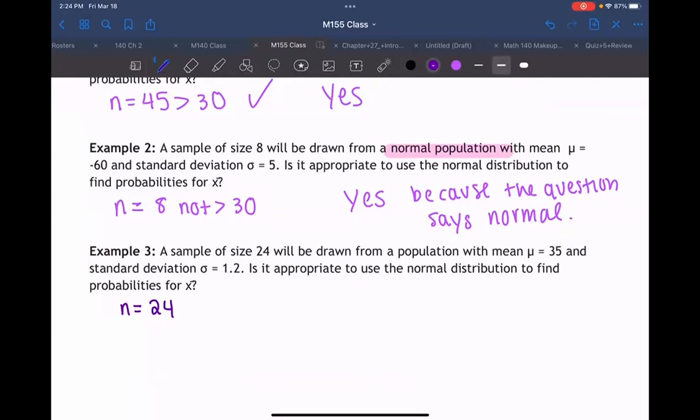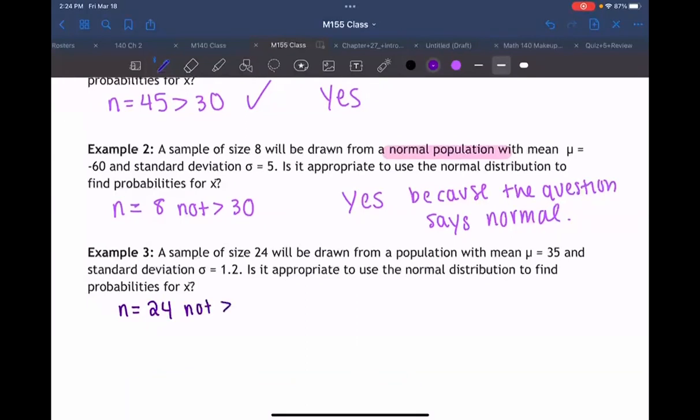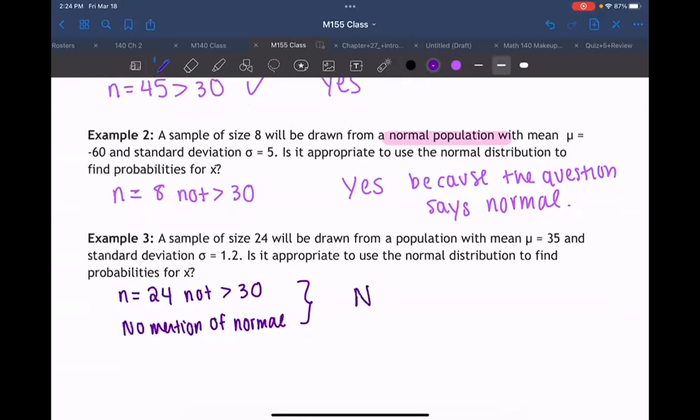Well, 24 is definitely not bigger than 30, right? Is there any mention of a normal distribution here? No, no mention of normal. So since we have both of these things, not bigger than 30 and no mention of normal, can we use the central limit theorem? No, we can't.